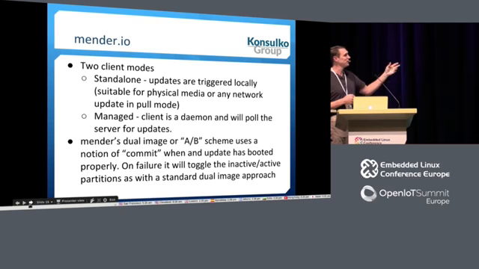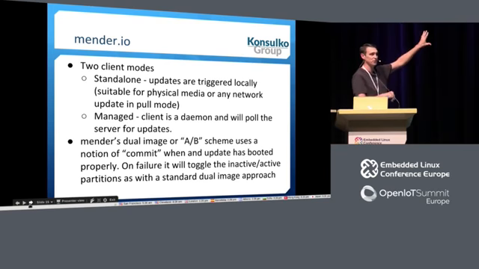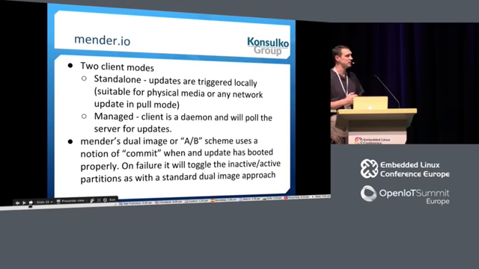And on failure, it'll toggle that inactive partition back the same way we discussed in the overview of how a dual image update occurs. So they do a very classic dual image approach, tried and true. It's kind of the same stuff that's been used on commercial embedded Linux systems since the early 2000s, right?